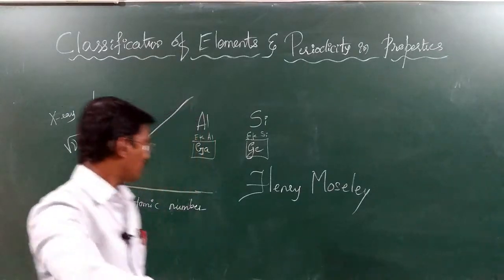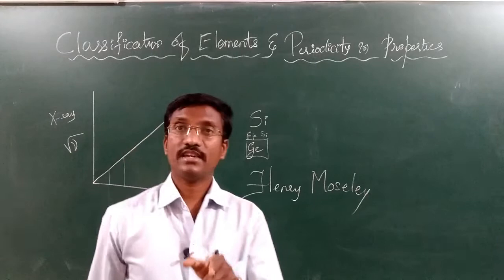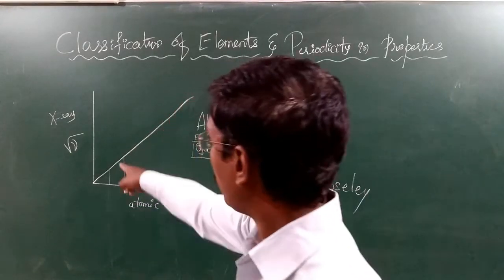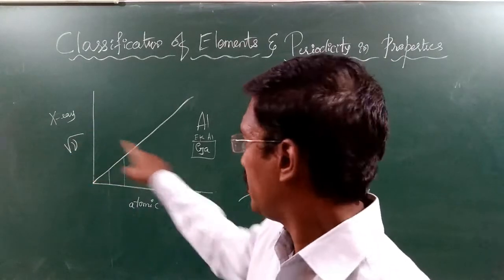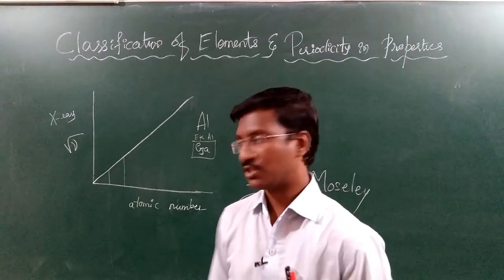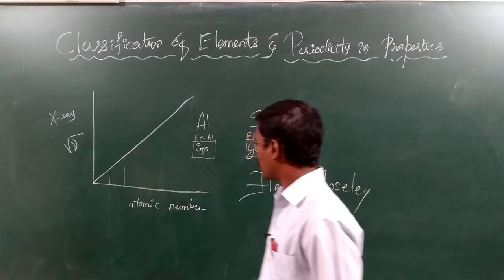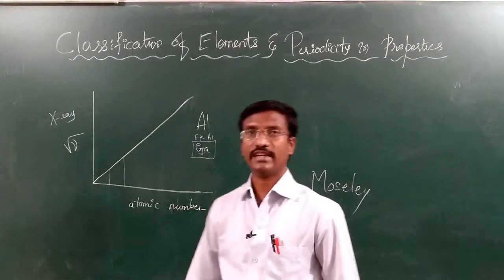I hope you are able to remember. The main reason he arranged them this way is the graph plotted: square root of frequency of X-ray versus atomic number appeared as a straight line, a linear structure. For that reason, he took the idea to use the atomic number to arrange the elements.